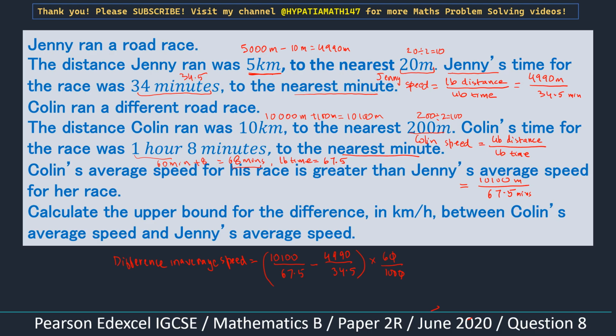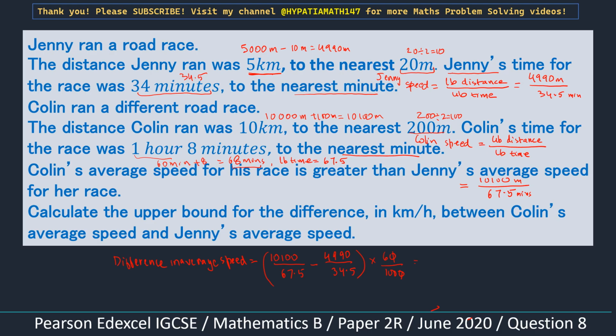So the first one, 10,100 divided by 67.5, and that gives me 149.62963.